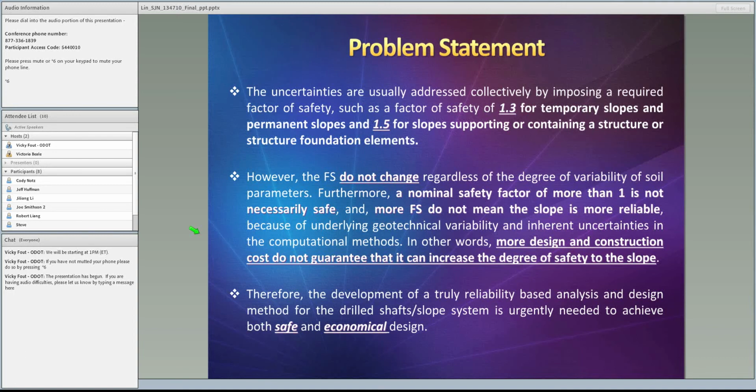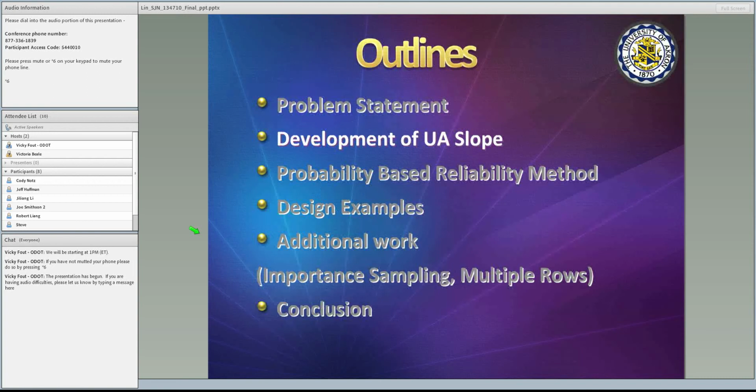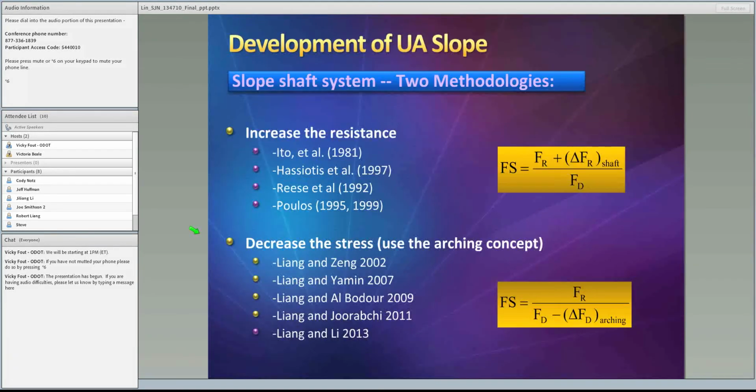The second one is the development of UASLOPE. For a drill shaft stabilizing slope, we usually address it with two methodologies. First one is to increase the resistance to calculate the factor of safety, which means the soil resistance plus the drill shaft resistance over the driving force.